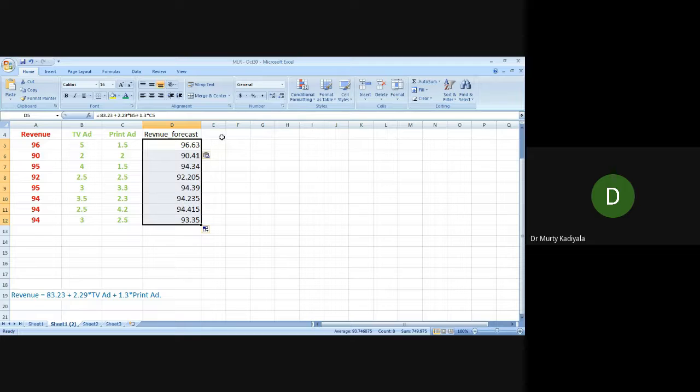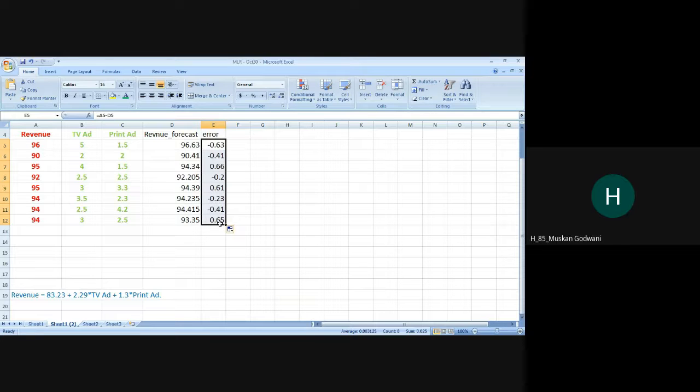Now, what is the error? Error is equal to actual revenue minus revenue forecast. 90 minus revenue forecast. This is the error. Similarly, the errors are here like this. Correct?